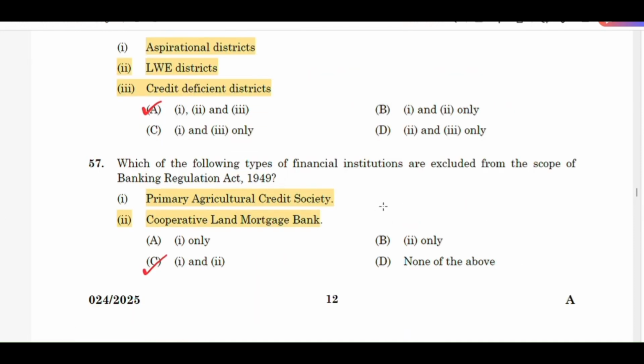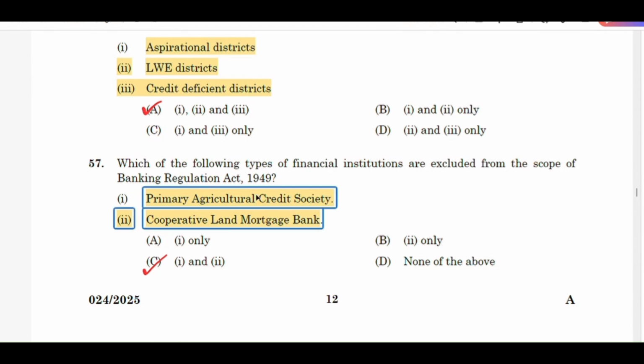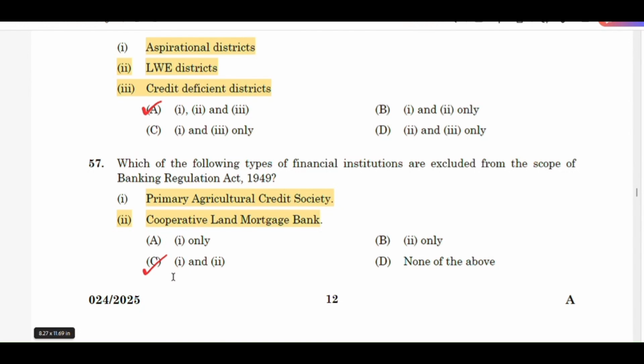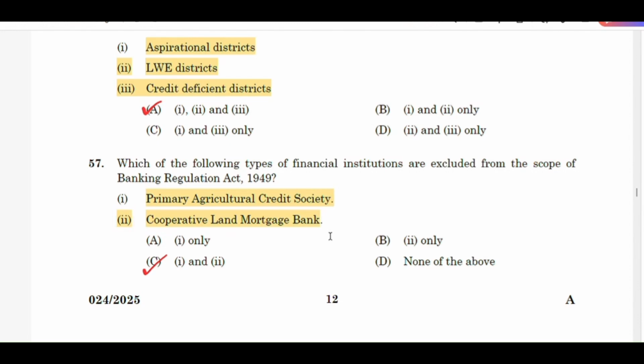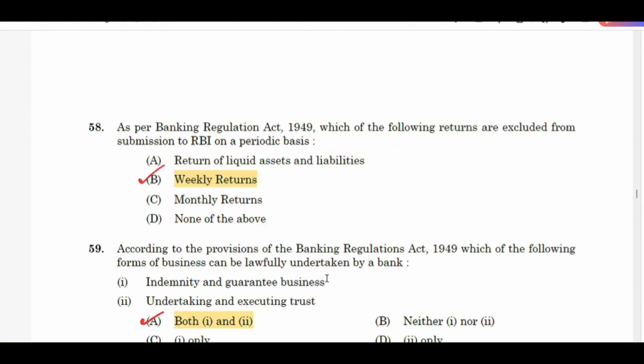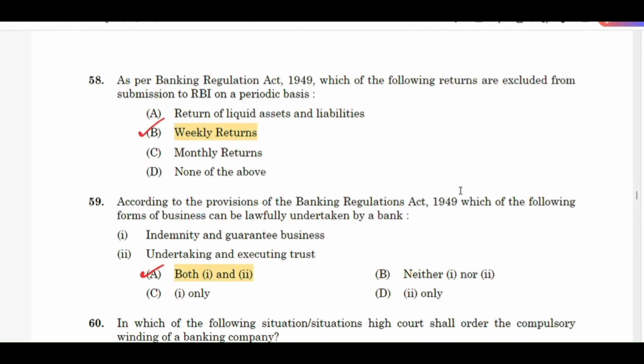Next question, which of the following types of financial institutions are excluded from the scope of Banking Regulations Act 1949? Answer is option C, 1 and 2. Primary Agricultural Credit Society, Cooperative Land Mortgage Bank. Next question, as per Banking Regulations Act 1949, which of the following returns are excluded from submission to RBI on a periodic basis?